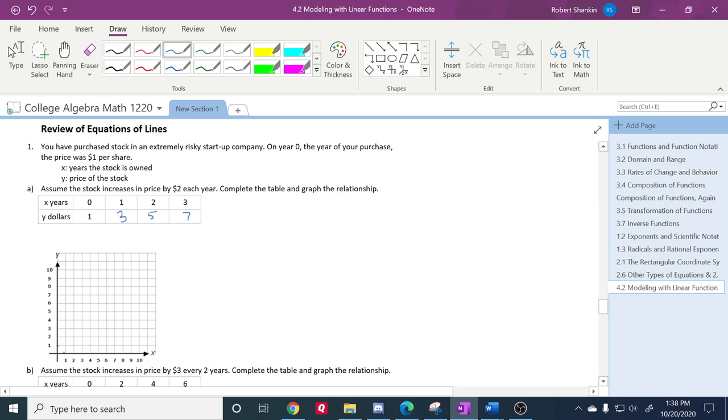At year 1, it's $3. Year 2, it's $5. Year 3, it's $7. So we just get these dots, and then if you connected the dots, it would look like a straight line, like this.